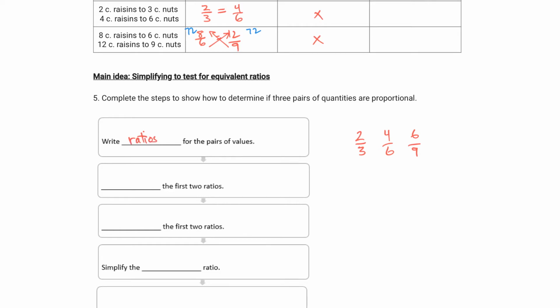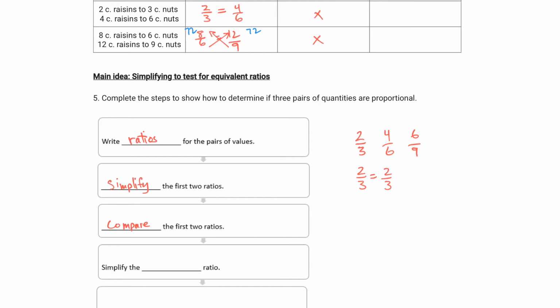And we simplify the first two ratios. Then we have to compare those first two ratios. So for this example here, I would simplify these two. The first one's already simplified, 2/3, and this simplifies to 2/3, and they are equal.